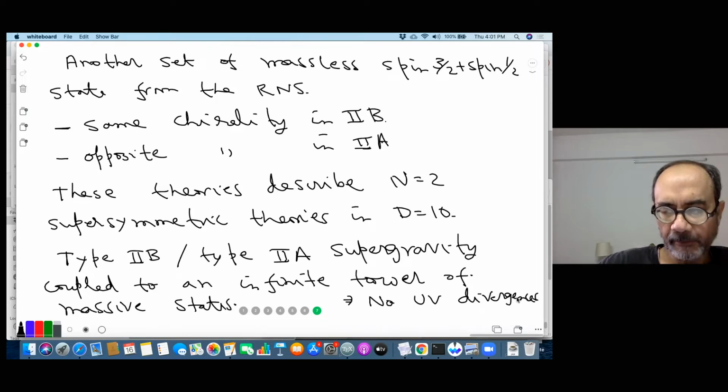This is what we achieve by including the infinite tower of massive states implied by string theory. And the absence of ultraviolet divergence will follow basically the same line of argument as in the case of bosonic strings. Are there questions?